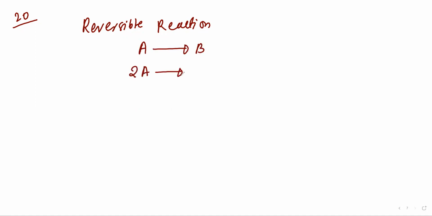Now see question number 20. For a reversible reaction, if the concentration of reactant is doubled, the equilibrium constant will be? So it is talking about a reversible reaction. Suppose A is producing B. When we double the concentration of A, what will be the effect on the concentration of B?